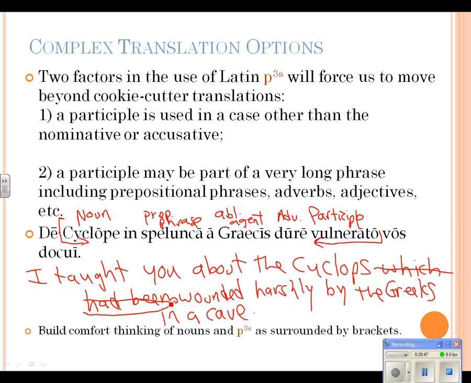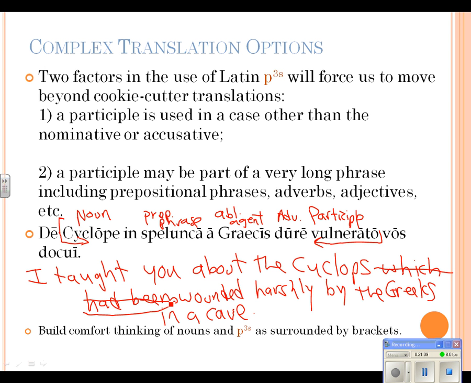Now let me ask you this question, is which had been wounded, is that passive? Yes. Does it clearly communicate the wounding happened before I taught you about it? Yes. Okay. And that tense structure of the actions is essential when you're working with perfect passive participles.